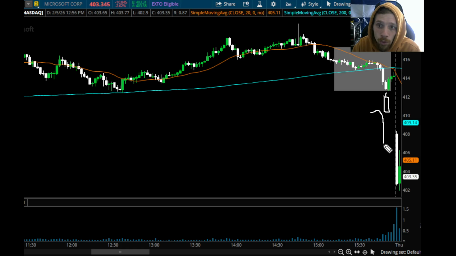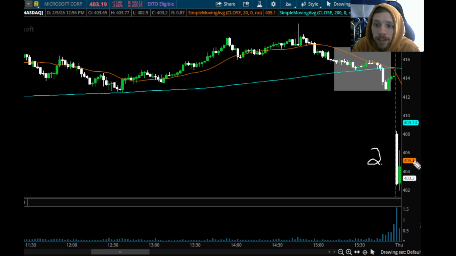That would have been more ideal for a longer continuation down move. But since we opened in 2 right there, this could be a B. I could give this a B probably. Now that I go back and look at it, probably a B setup.